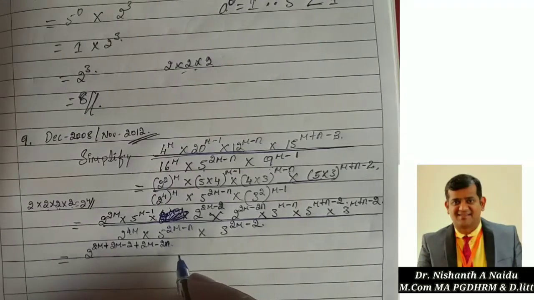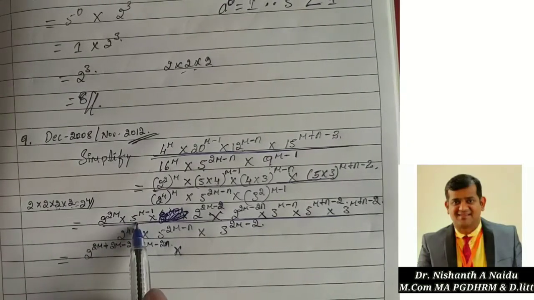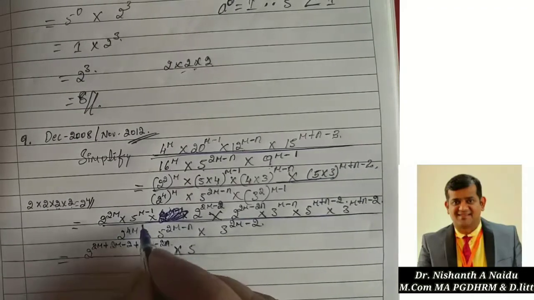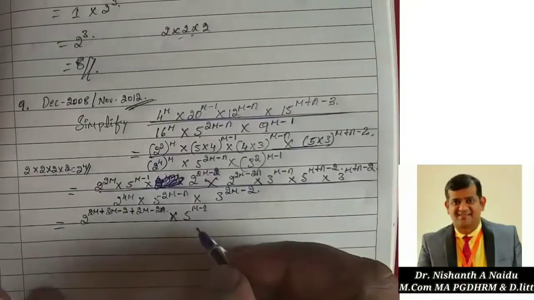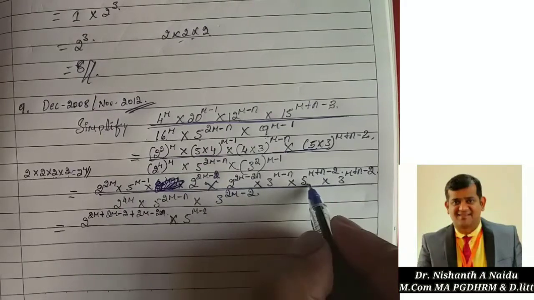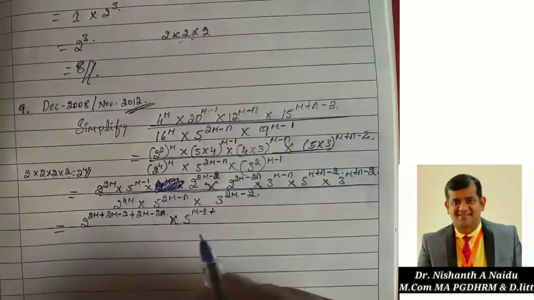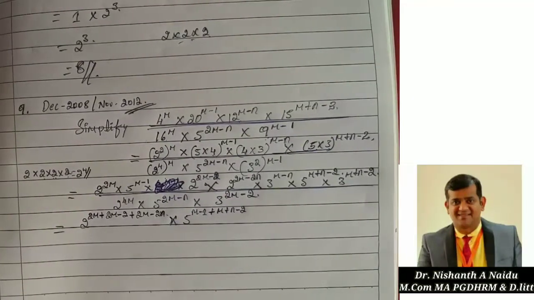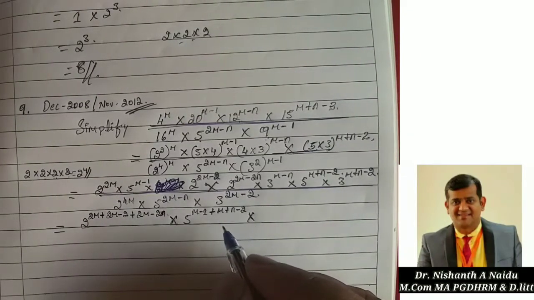Now take it into. So next number we have 5. So I am taking 5 to the power m minus 1. Look at, again 5 I have here, plus only powers m plus n minus 2. So m plus n minus 2 I have taken into. So last one 3, right?